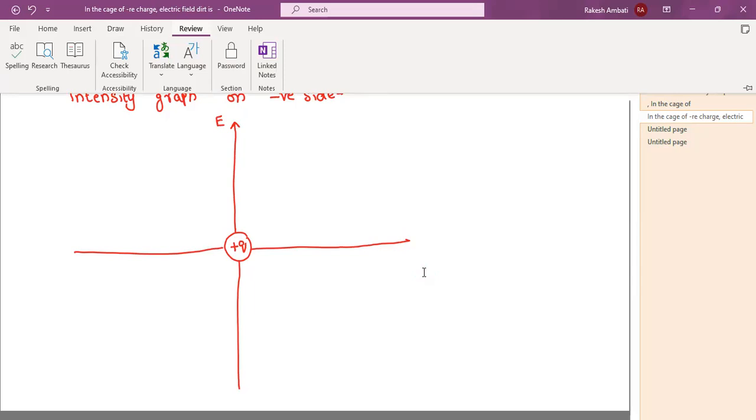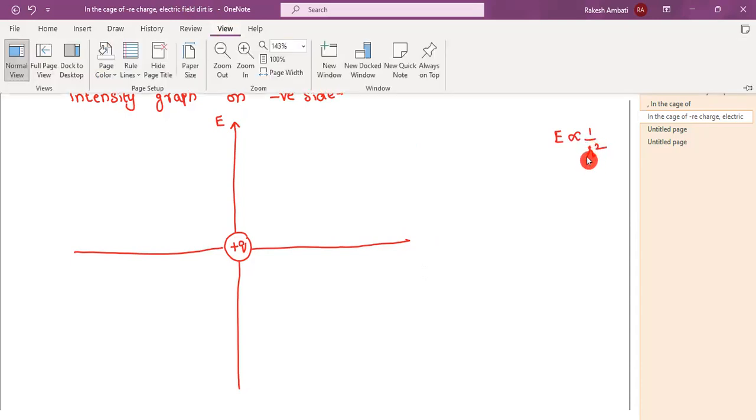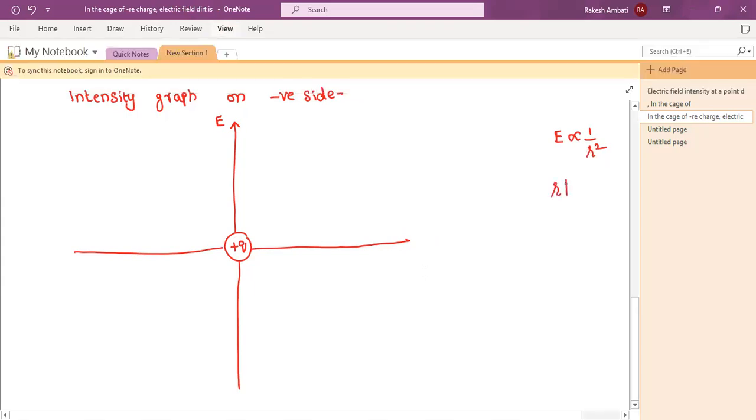First one is E proportional to 1 upon r square. That means as the distance increases, intensity decreases. That is one point.